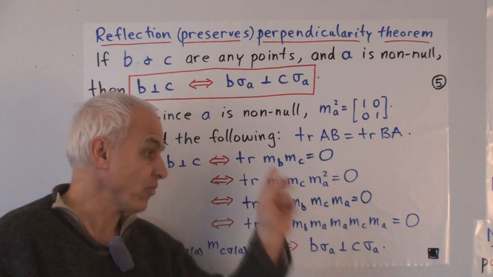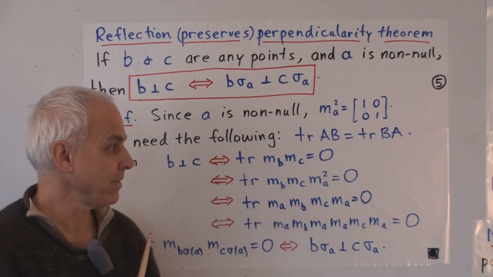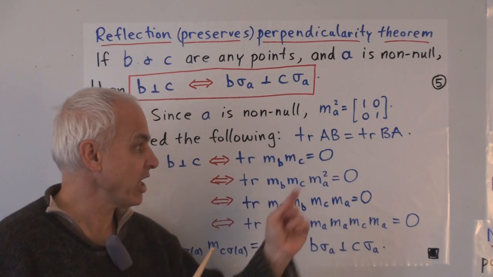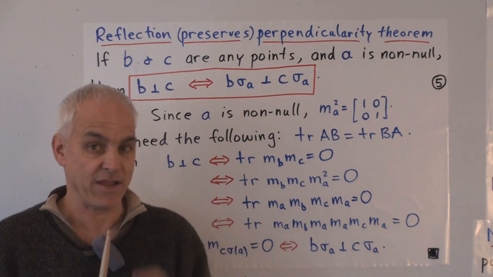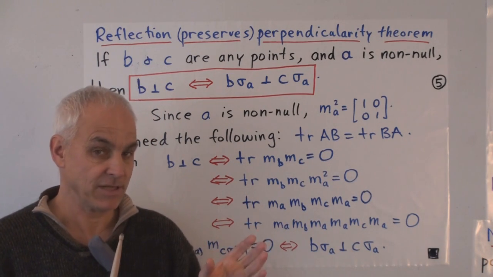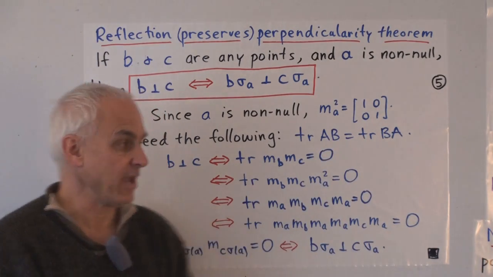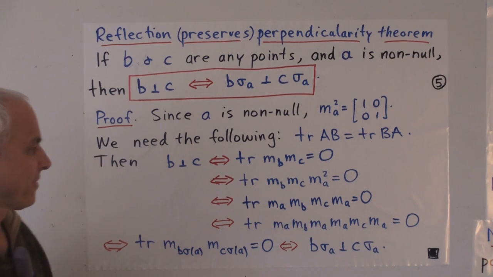But the trace of the product doesn't change. Neither, by the way, does the determinant. But the trace does not change. That's a little calculation that if you haven't done that before, please check that. Just for 2 by 2 matrices, make some general matrices, calculate both of these, and check that that's the case. So we're going to use that basic fact.